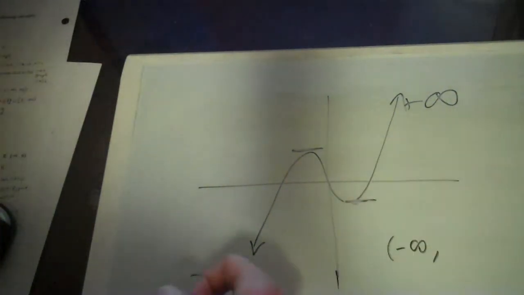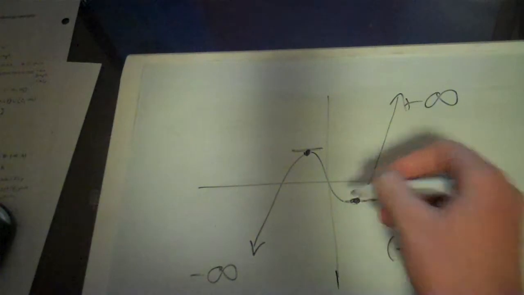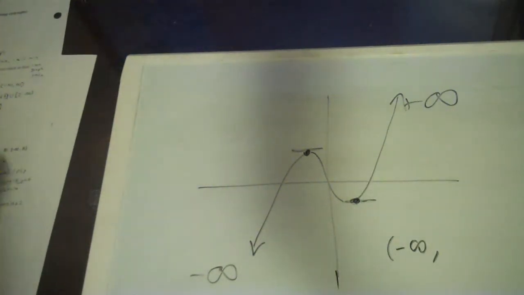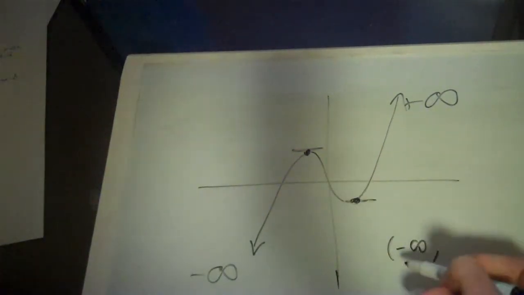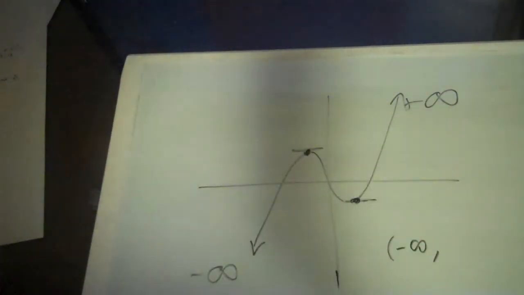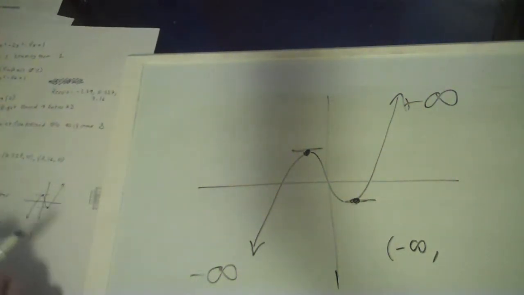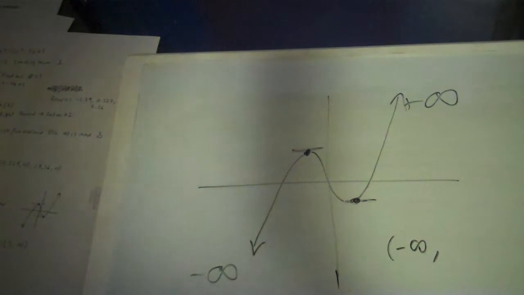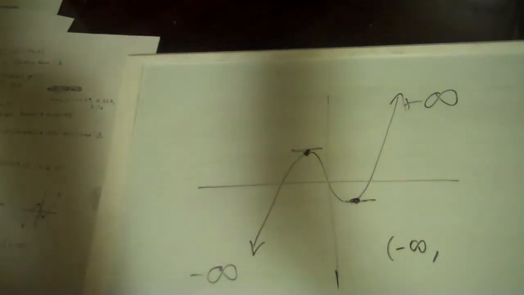The way you do this is that's the local max and that's the local min. So what you're going to write is negative infinity, that's where it starts, because we're describing the domain, which are the x values.